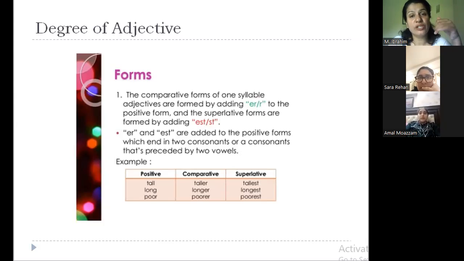For example, the word tall is 1 syllable. But when I say beautiful, I have 3 syllables. B-U-T-ful, that's 3. Okay?